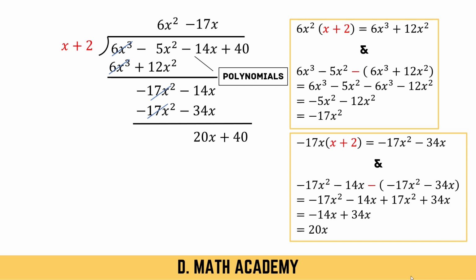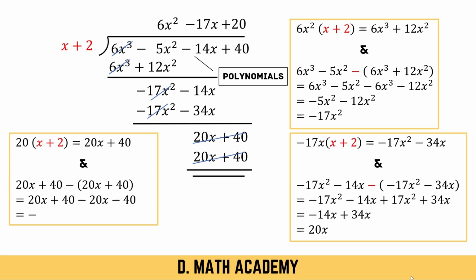For the last part, when we multiply by 20, you automatically cancel off the entire thing with no balance. So this is the full calculation. If you are struggling to understand this, you can always refer to the yellow box that I have there for each and every section.